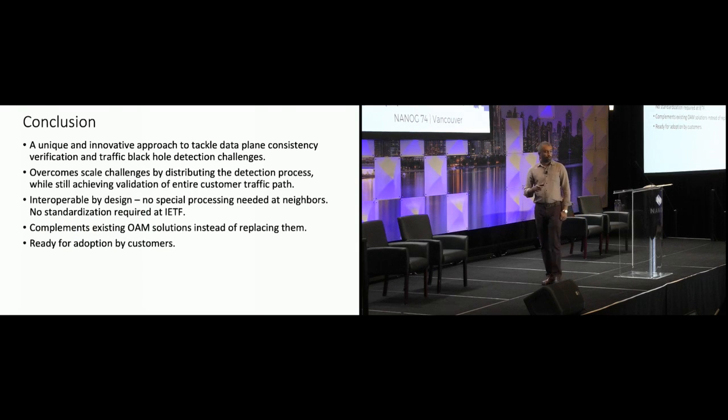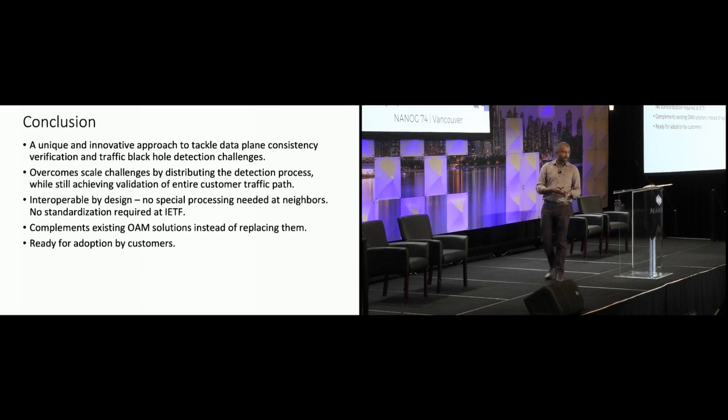So in conclusion, we believe that DPM is an innovative solution to data inconsistency and identify any traffic black holes in the network. Instead of trying to do end-to-end fault detection or test all the possible combinations, we distribute the detection work through the devices in the network, where each node just tests itself and its immediate neighbors.